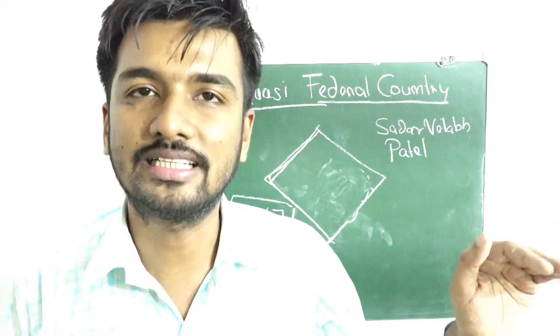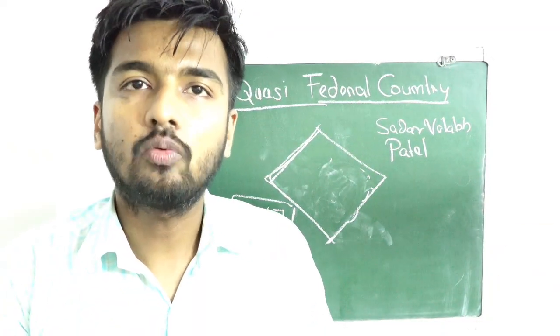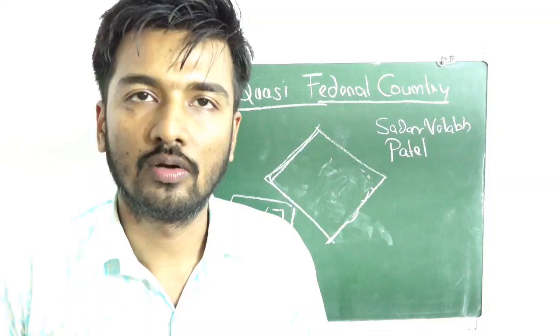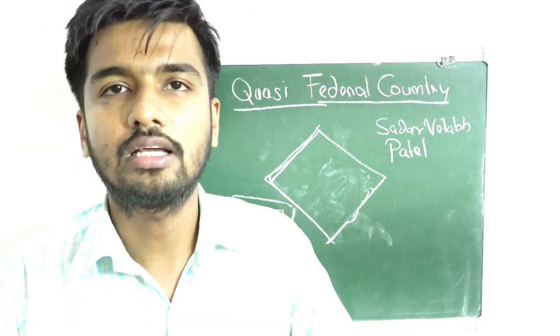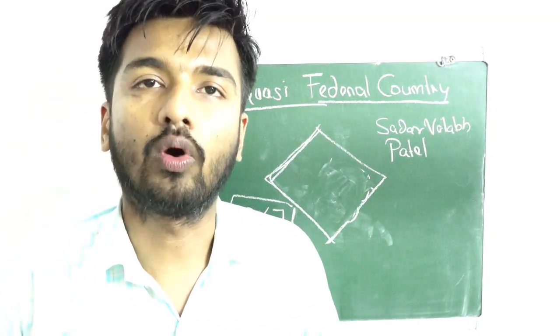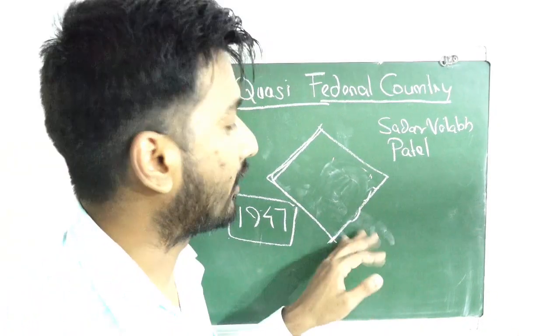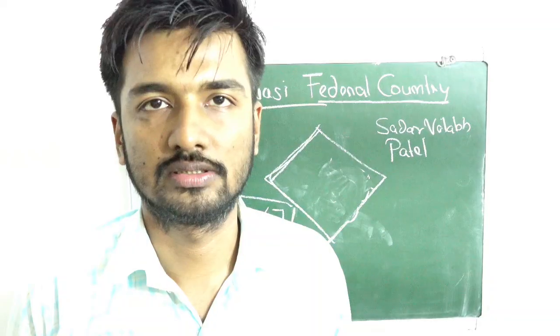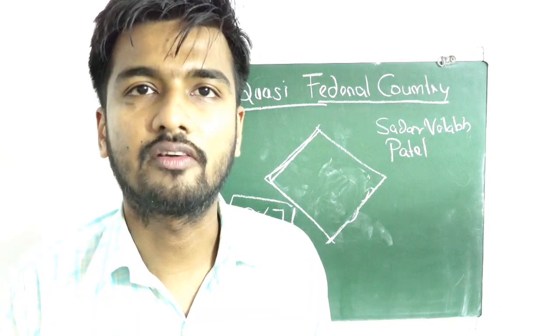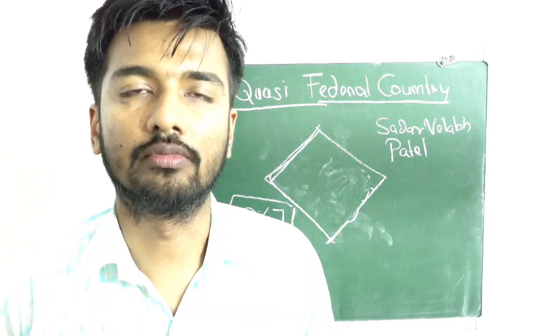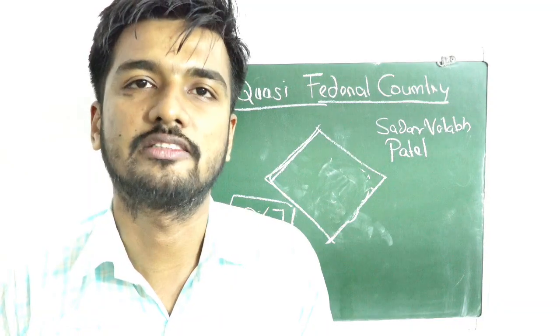For example, not long ago, Andhra was divided into two parts: Telangana and Andhra Pradesh. On what basis? On the basis of language differences. Now, this is a federal system with a unitary bias.